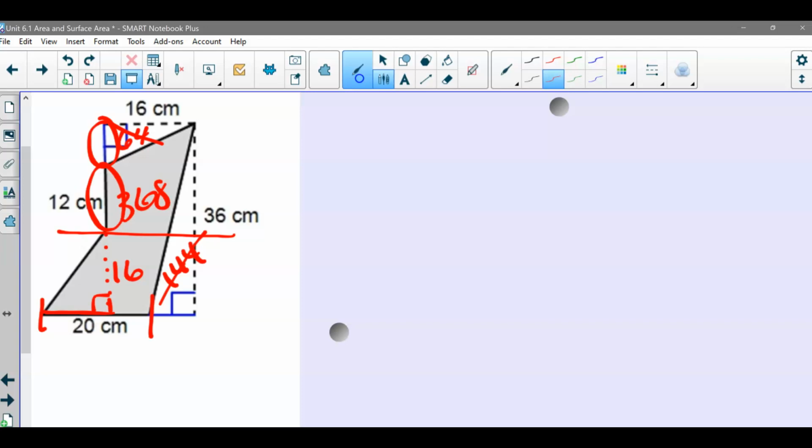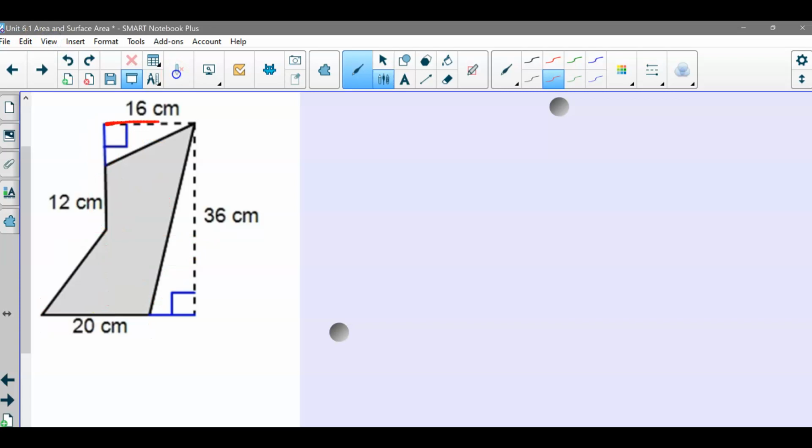20 minus 16. That's the top right there. 16. But it's not exactly right. But we want this one. But is this 20 all the way across?